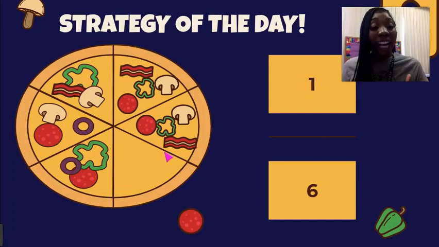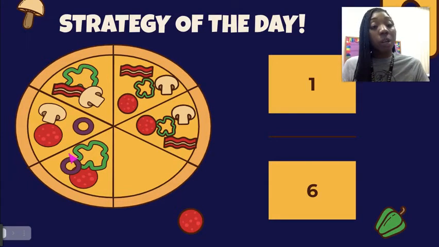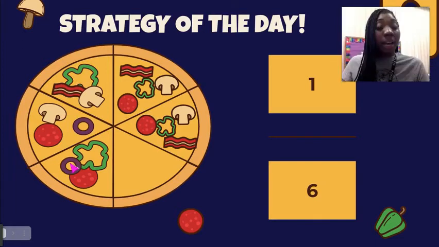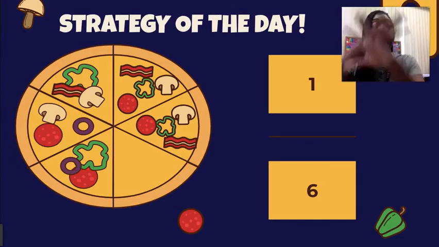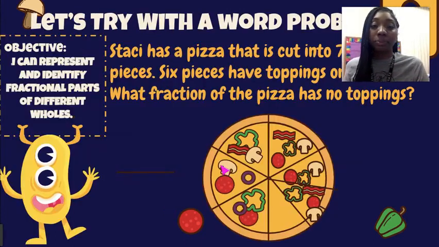And if you think about it, this is 1/6, this is 1/6, this is 1/6, this one is 1/6, this is 1/6, and this is 1/6. Each time you're taking 1/6 out of the total number of pizza slices.